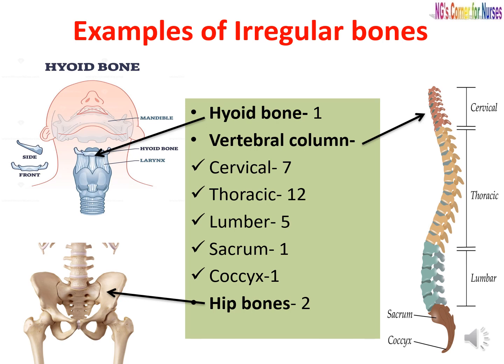First is hyoid bone, which is 1 in number. Then vertebral column. In the vertebral column, 7 cervical, 12 thoracic, 5 lumbar, 1 sacrum and 1 coccyx. Then hip bones, that is 2 in number.